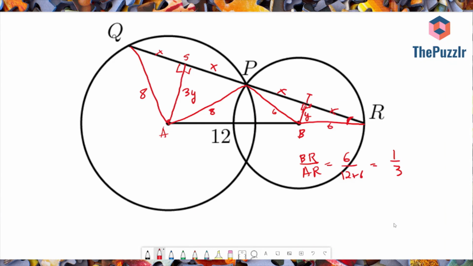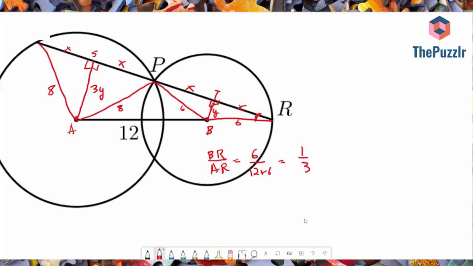Here's how. We know from triangle BTR that x squared plus y squared, using the Pythagorean theorem, is equal to 36. Now from this triangle right here, that would be QSA, using the Pythagorean theorem we have x squared plus 9y squared equals 64.